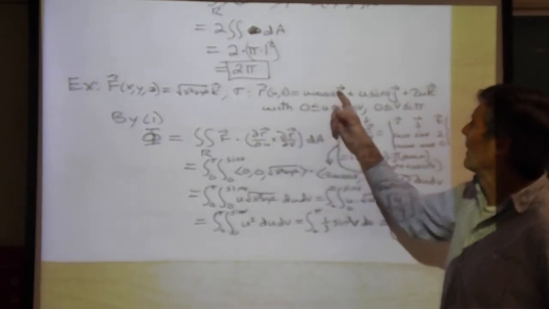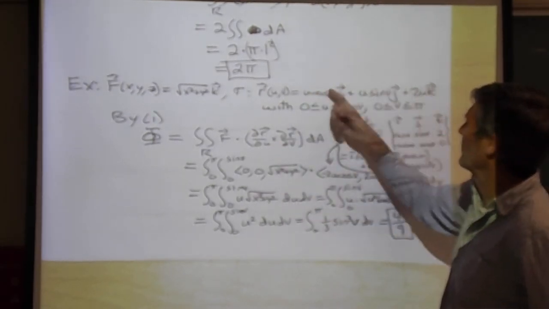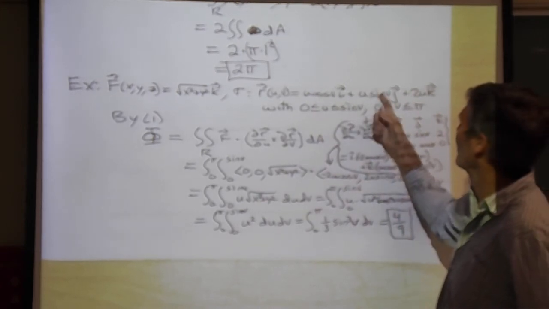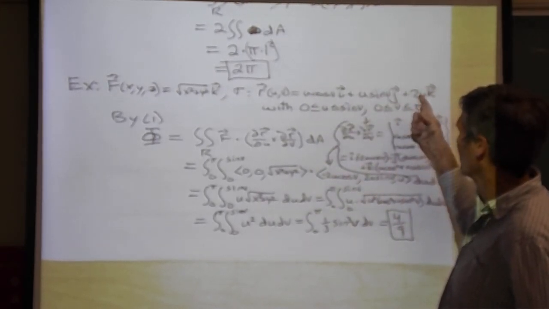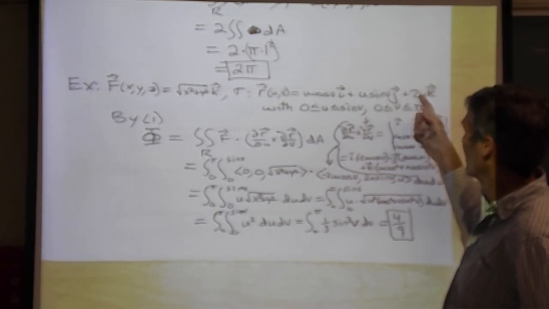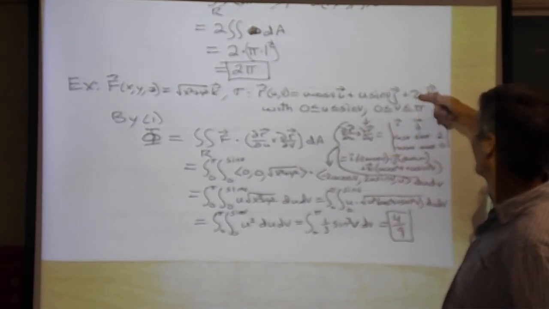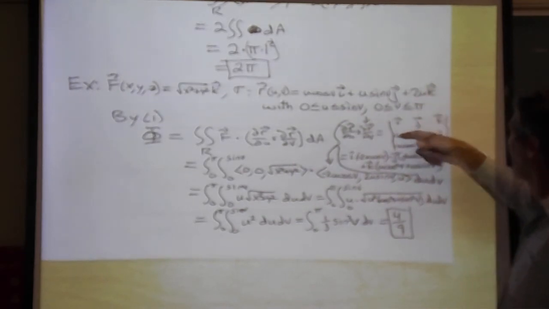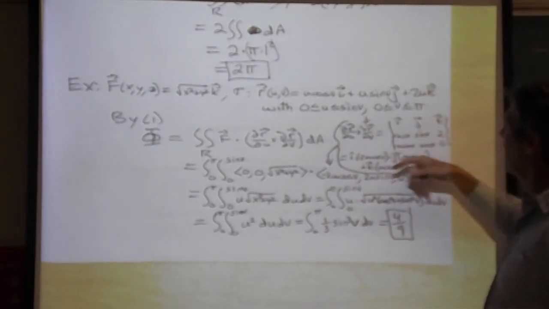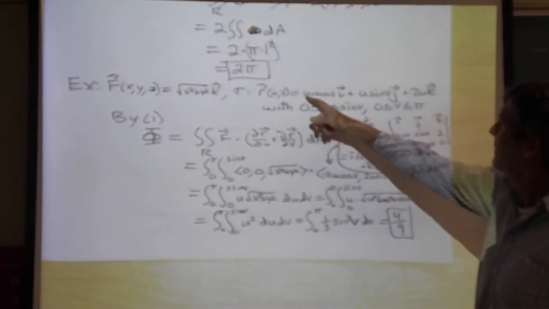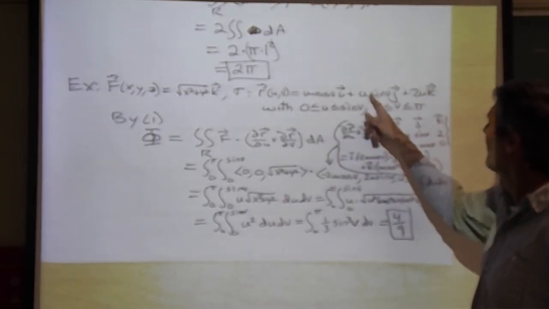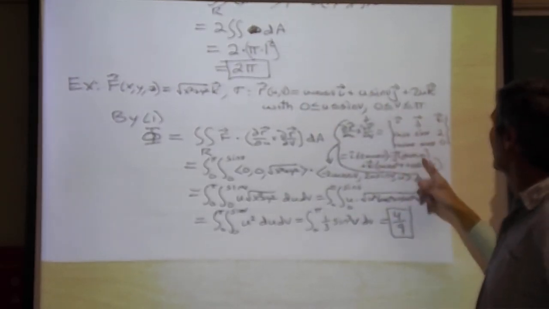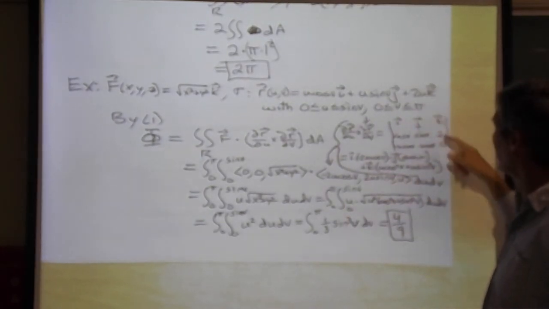dr du, well, just take partial with respect to u and you get cosine v, sine v, 2. And dr dv, take partial with respect to v, you get minus u sine v, u cosine v, and partial with respect to v here is 0.